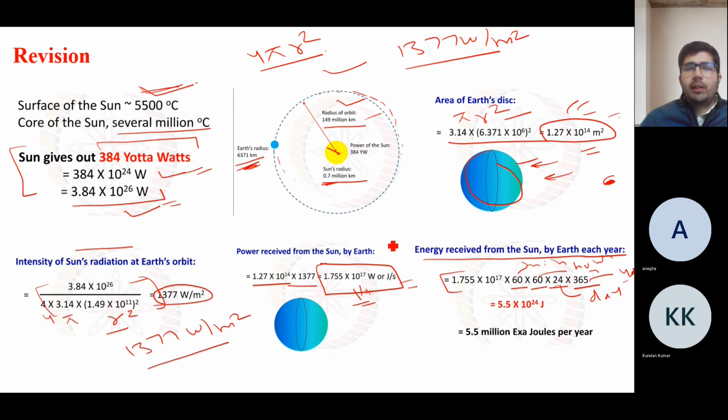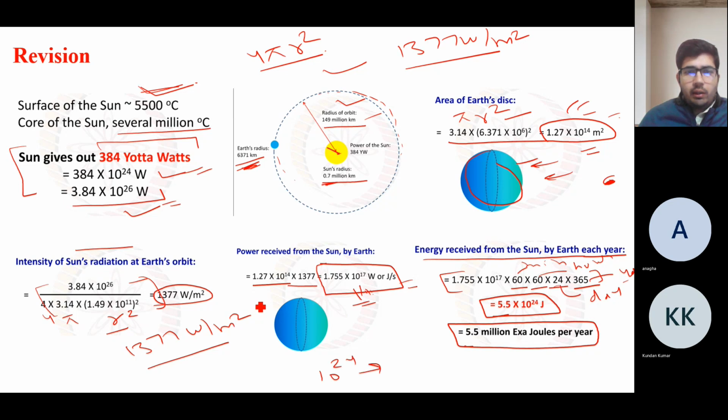When you multiply all these, it comes to around 5.5 into 10 to the power 24 joule. So the energy received from the sun by the Earth each year is 5.5 into 10 to the power 24 joule, or 5.5 million exajoules, because 10 to the power 18 is called exa.